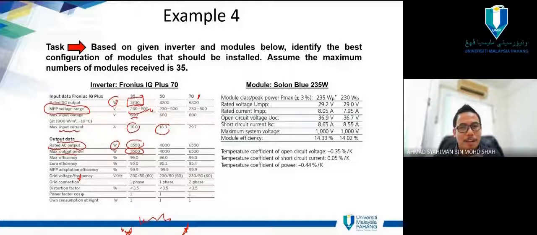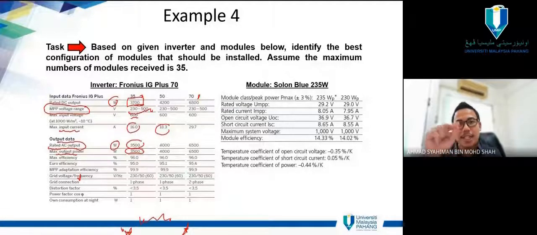When we ask the rated power of the inverter, we don't ask for the DC one. We are asking about the AC one. The size of the inverter will depend on the AC output. Rated AC output, itulah yang dipanggil inverter size. I repeat, you are going to look for the output.